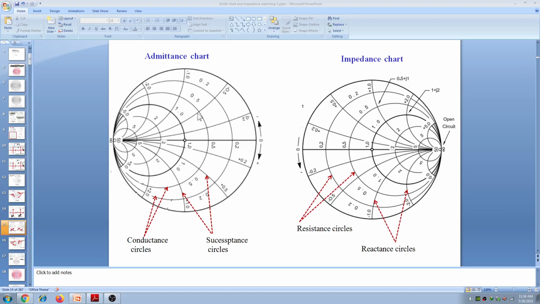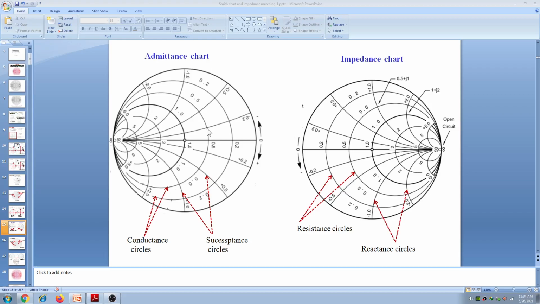You just read the conductance circle value. Which conductance circle is passing through this point? This circle is passing at this position, so the conductance value is 0.5 here. What is the susceptance value?